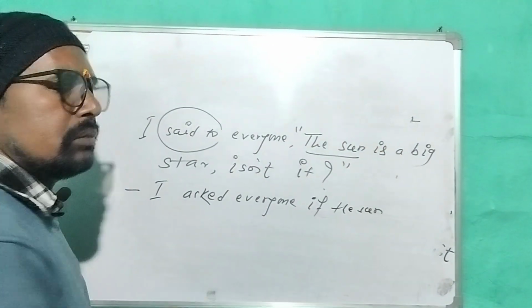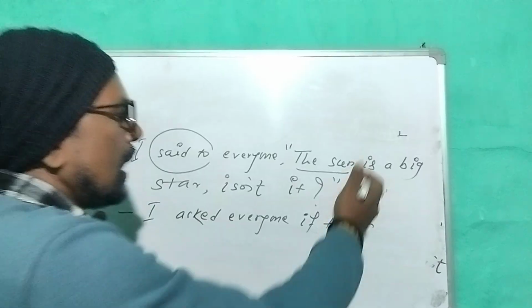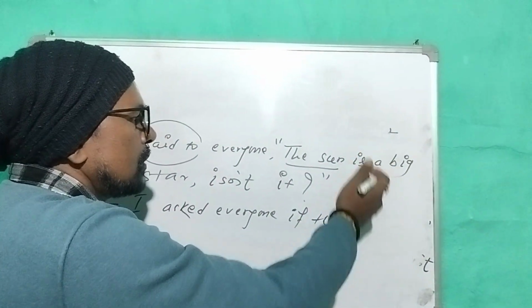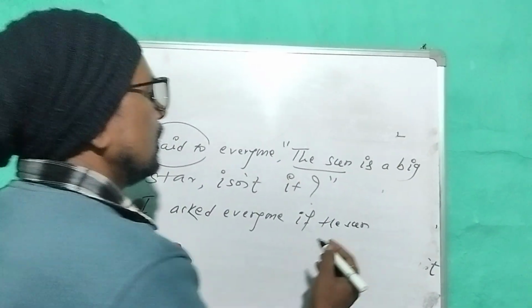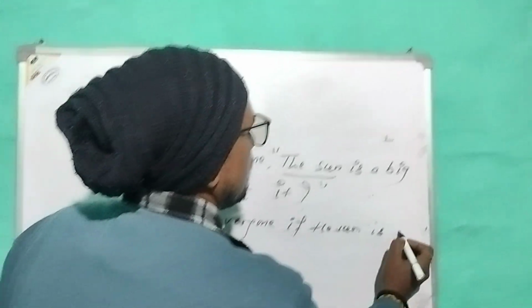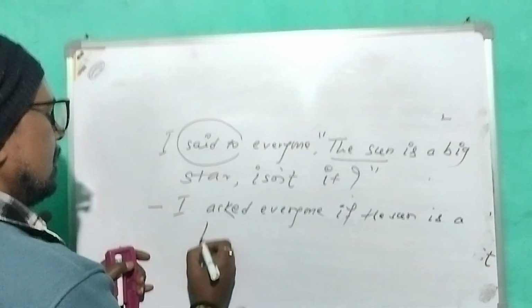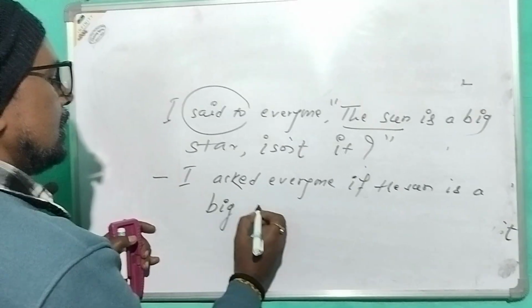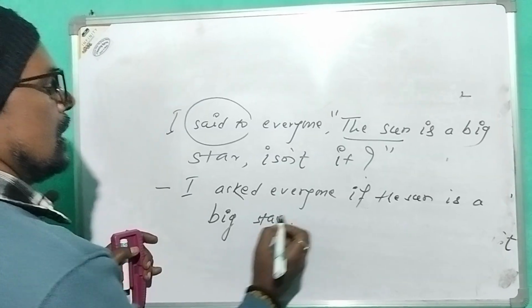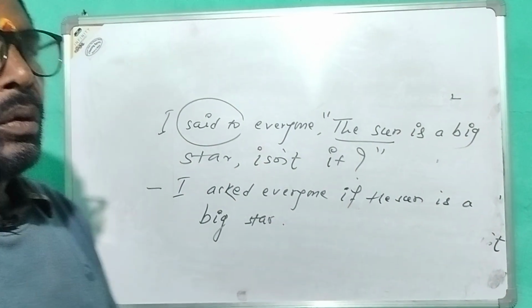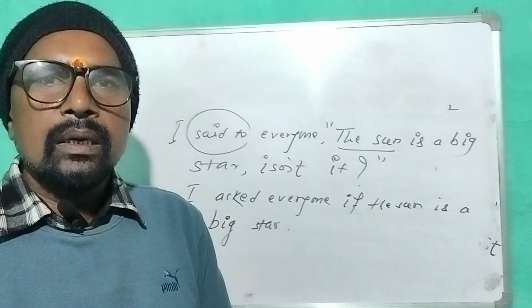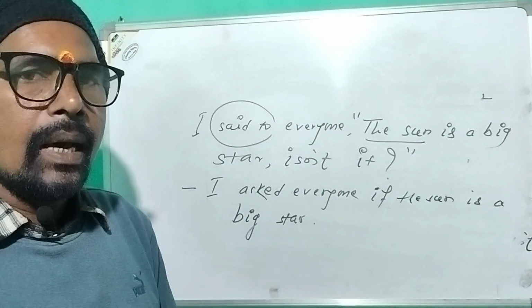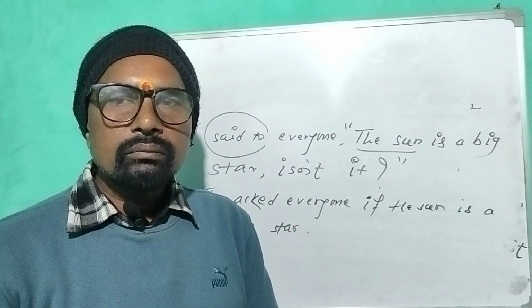It is a universal truth, so we can't change the tense from direct to indirect: the sun is a big star. And last, we don't need to write the tag question in the indirect narration of a tag question.